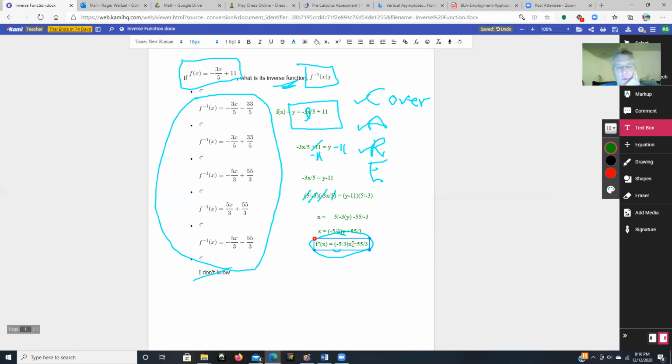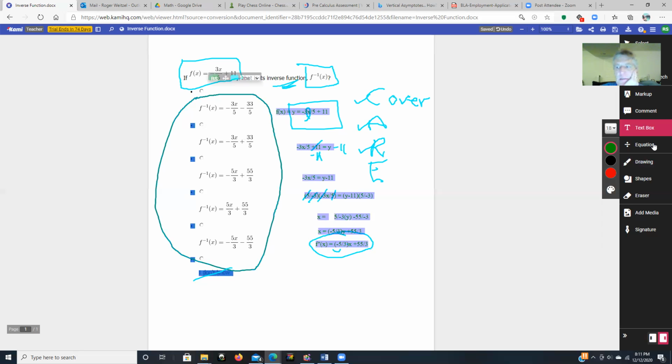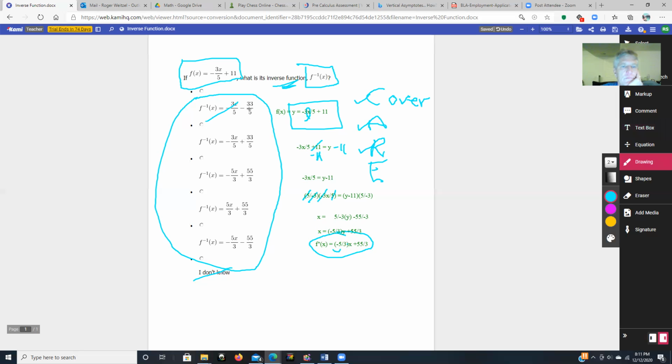Okay, so we're looking for the coefficient minus 5 over 3. So the 5 is in the numerator. If we have a coefficient where that doesn't occur, this one has minus 3 in the numerator. Boom, that's gone. This one has minus 3 in the numerator. That's gone.